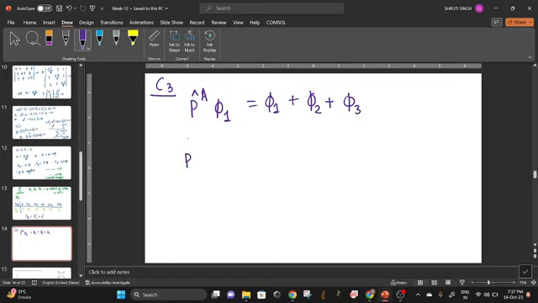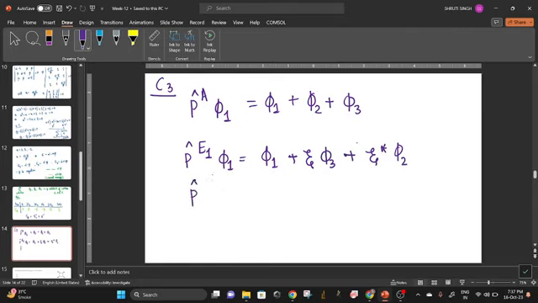And when we apply this for E, we get phi1 plus epsilon star. And the other E, when we apply, so this is 1, this is 2.